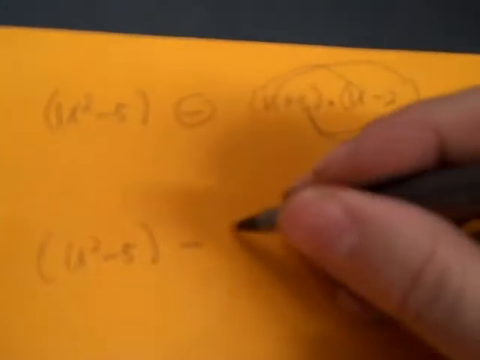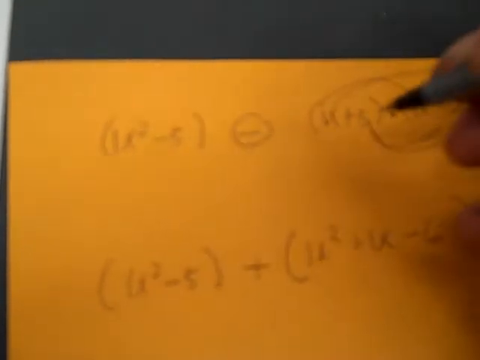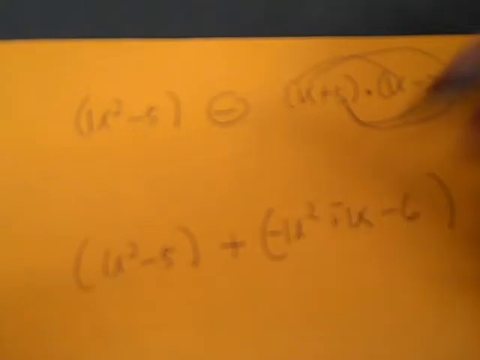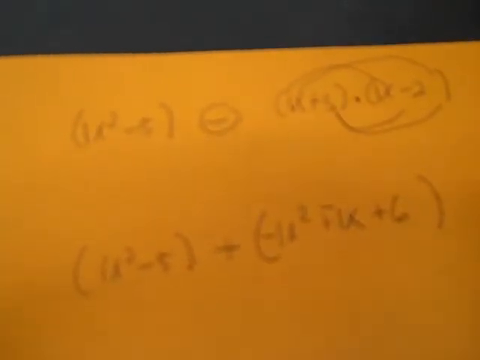And those add up to 1x. So minus parentheses, and I put 1x to the second. I want to combine that into 1 plus 1x minus 6. Okay? Then you make that plus and make all these opposite. That goes from negative, negative, and that now is positive. Okay, not plus negative, it's just positive.